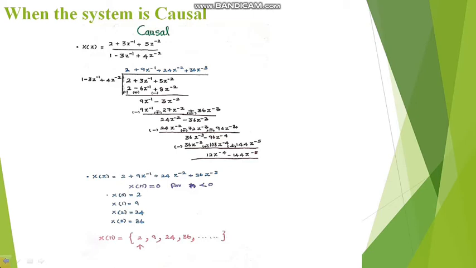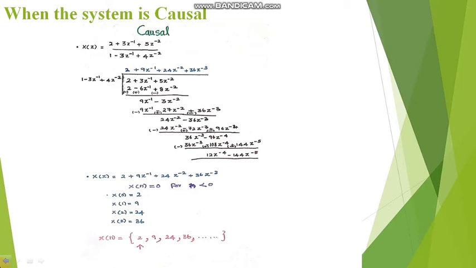Again subtracting, we get 24z power minus 2 minus 36z power minus 3. We can perform this operation continuously, but we have to stop at some point, so I stopped here after performing 4 operations.